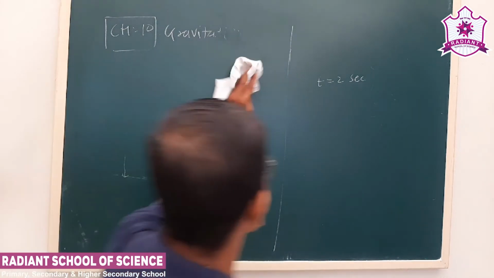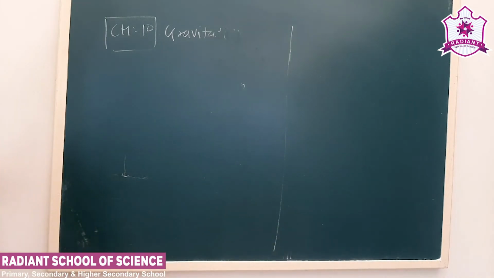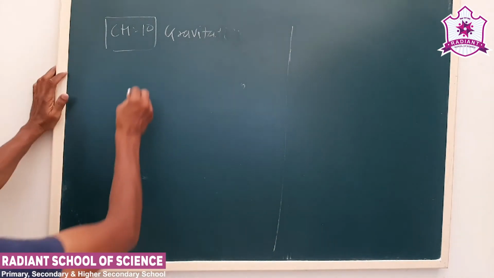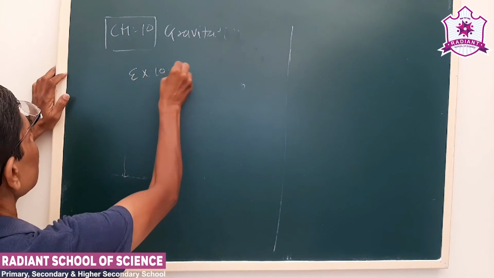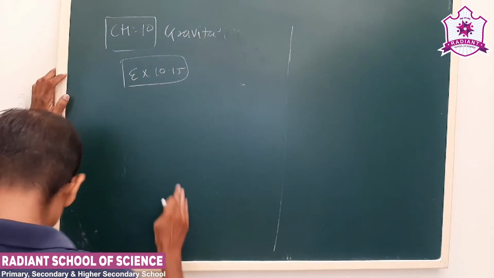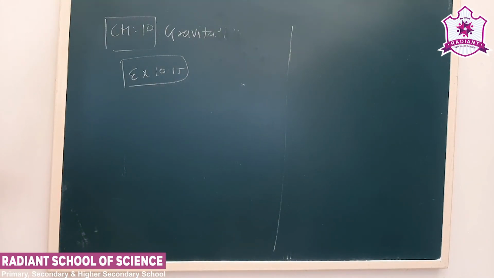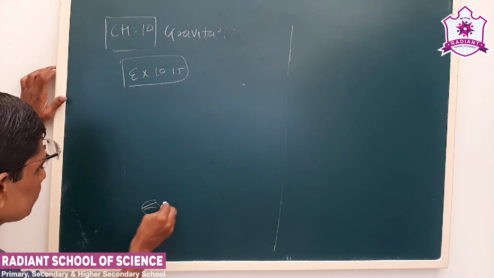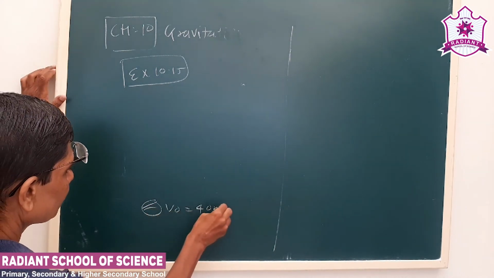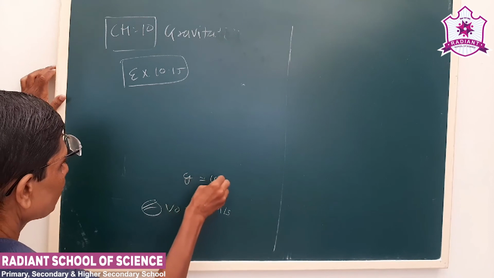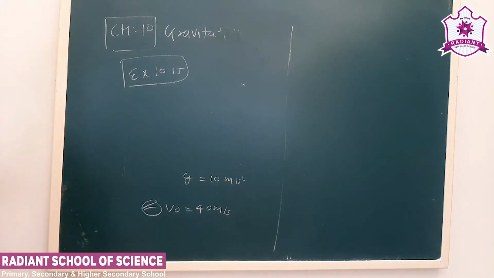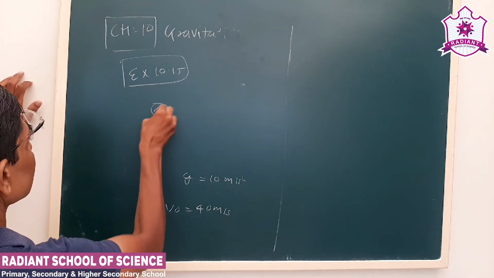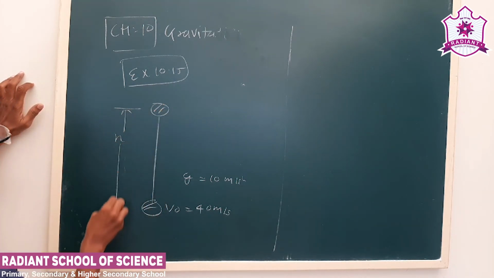Now see the next numerical. A stone is thrown vertically upward with the initial velocity 40 meter per second. g we have to take as 10 meter per second square. Find out the maximum height. Let us say h is the maximum height.